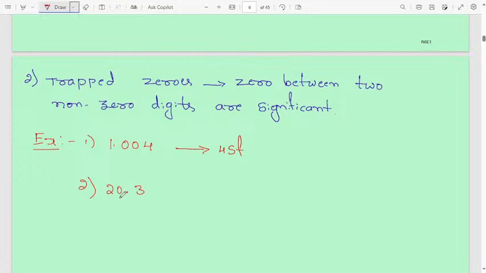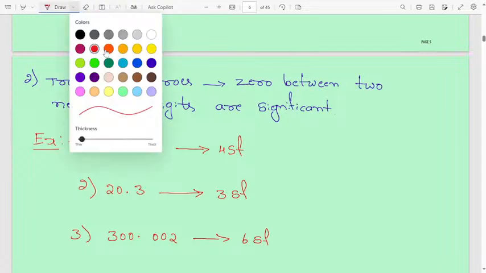Here this zero is trapped between the 2 and 3, therefore 1 2 3, it will be three significant figures. Then next example, 300.002. Here 1 2 3 4 5 6, six significant figures.